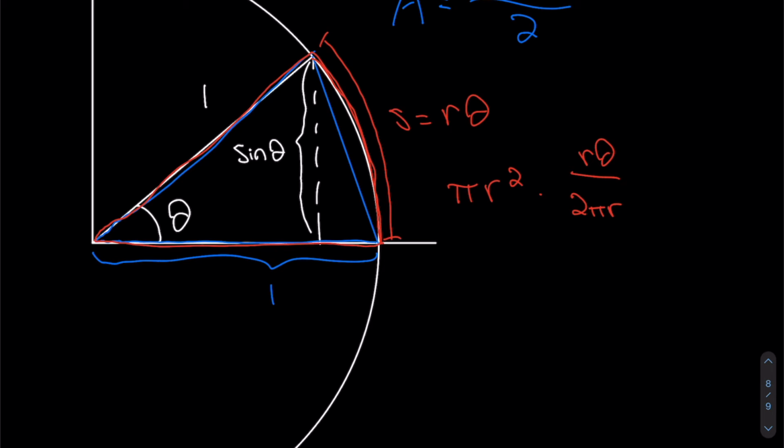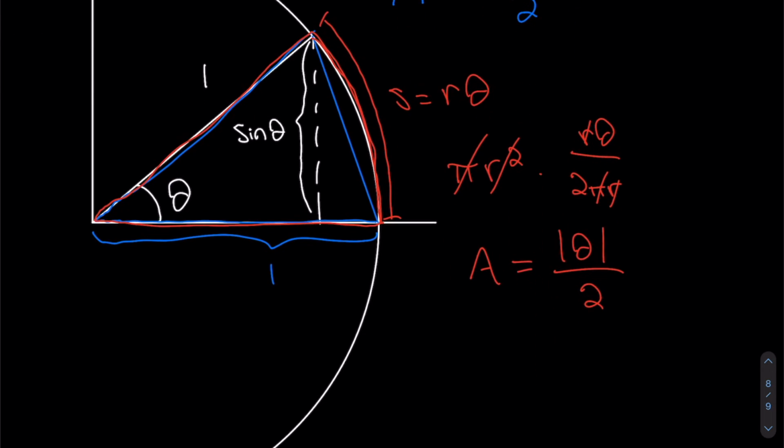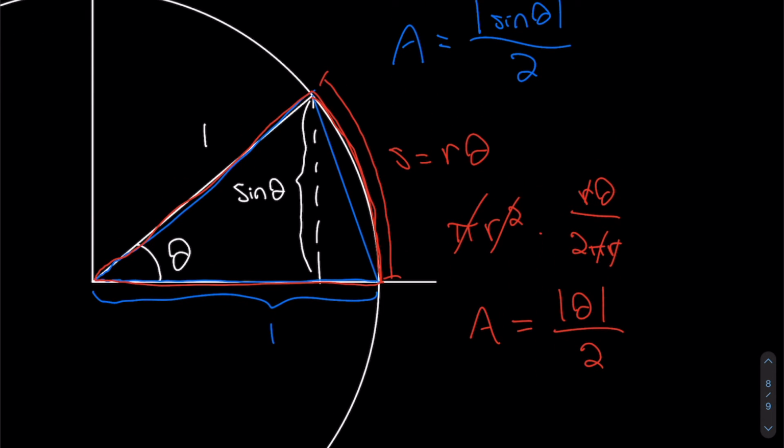The radius is 1, so all the r's cancel out, and the pi cancels with the pi, leaving theta over 2. Again, we use absolute theta, because theta can be negative but we need actual physical lengths, magnitudes. So the area of the red slice of pie is the magnitude of theta over 2.